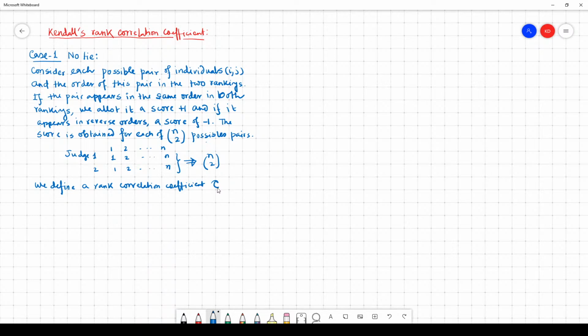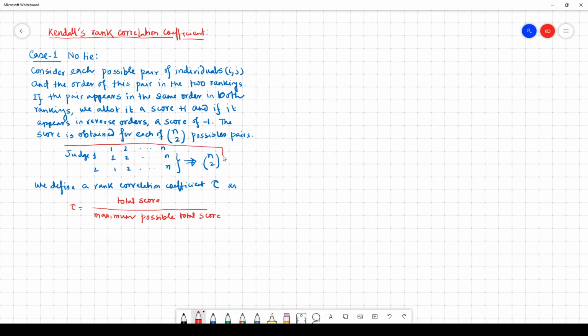We denote the Kendall rank correlation coefficient by tau, as tau equal to total score divided by maximum possible total score, and this maximum possible total score is NC2, which I already defined.